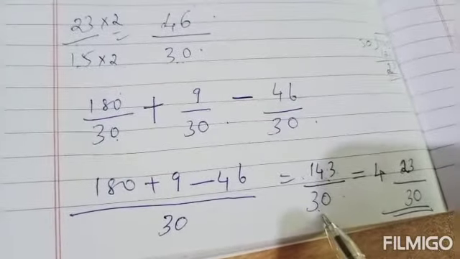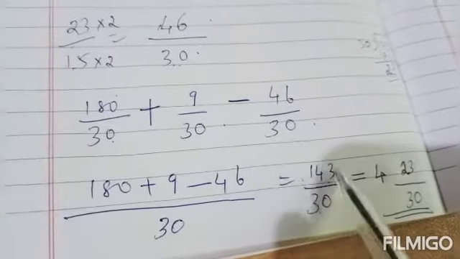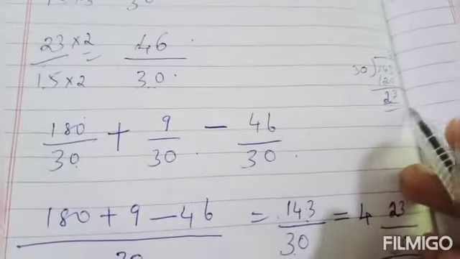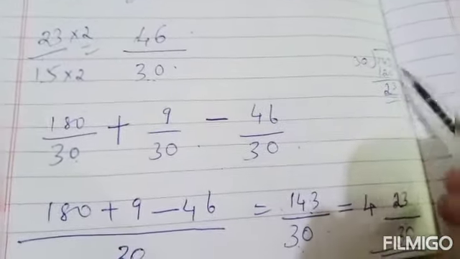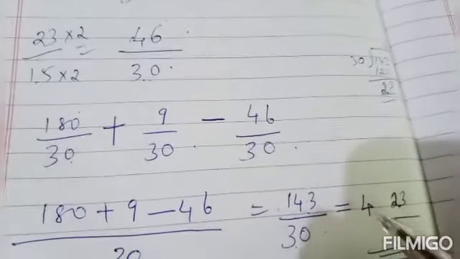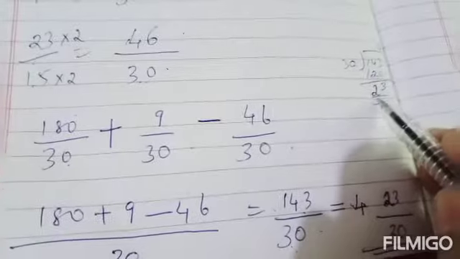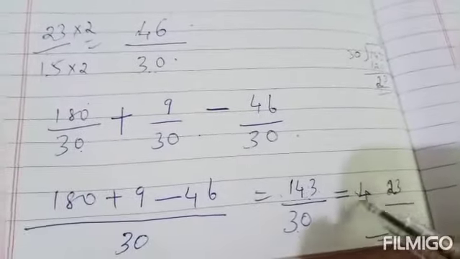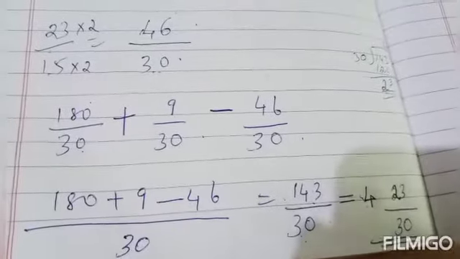Now this you can convert to a mixed fraction. Divide 143 by 30, you will get quotient 4 and remainder 23. So first write the quotient, that is 4, then remainder by divisor, so 23 by 30. So 4 23 by 30 is the answer.